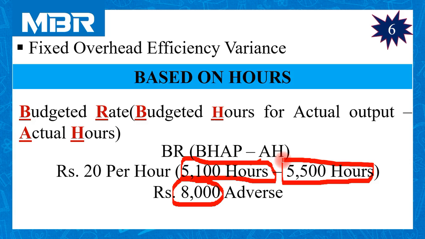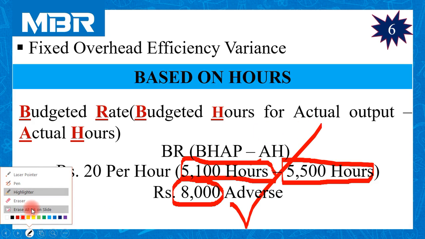Just imagine, for completing a task, 5100 hours are given to you, and you complete the task by taking 5500 hours. It means in order to complete the task you have taken 400 more hours. If you complete the task by taking more working hours than the requirement, the situation is negative, that is adverse. So interpretation is more important.